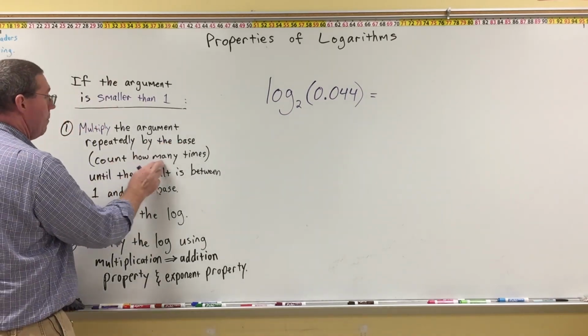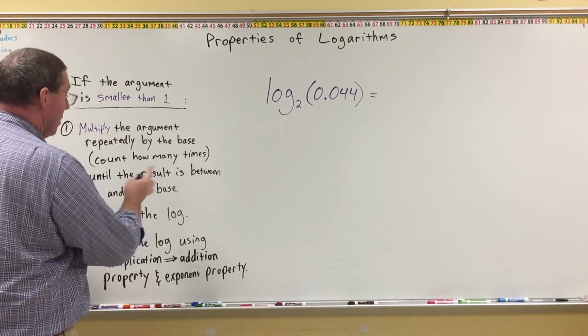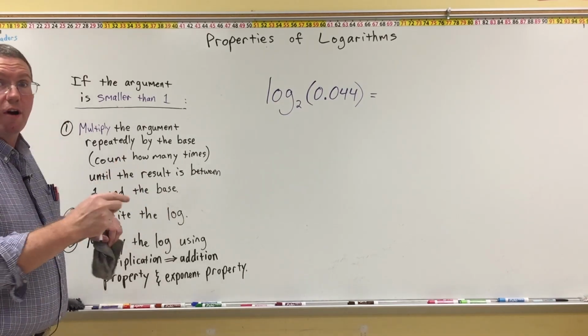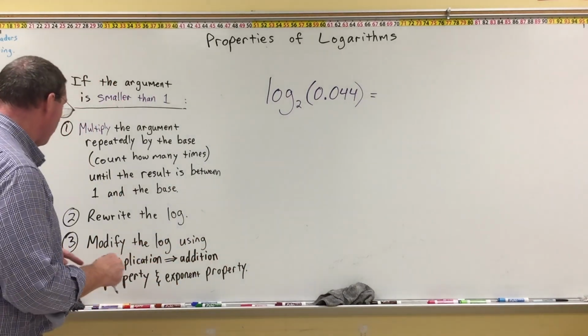And we want to count how many times we multiply the argument by the base, again, until the result is between 1 and the base. We're always trying to get the result, that number, between 1 and the base, okay?